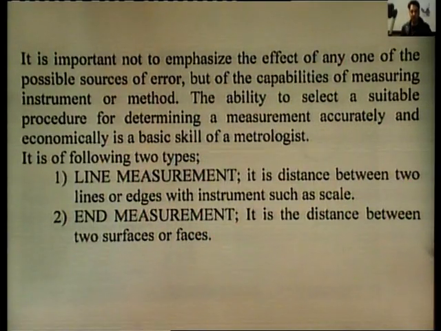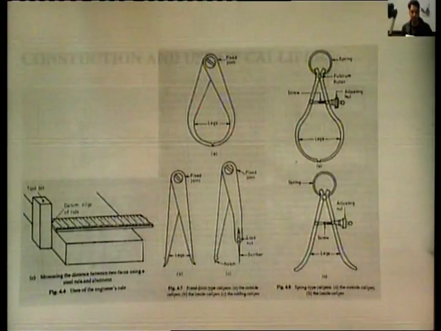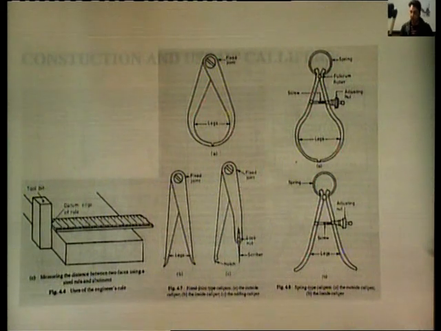In the line measurement, it is the distance between two lines or edges with the instruments such as scale. End measurement is the one in which the distance between two surfaces or faces is found out.